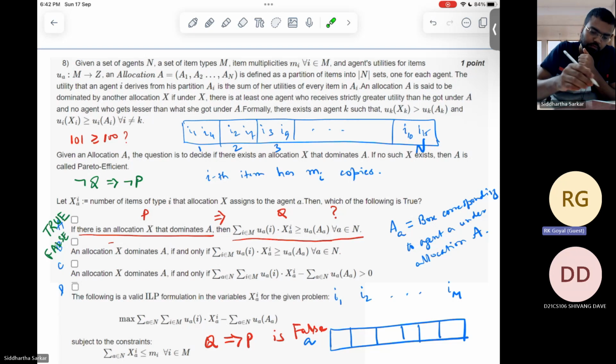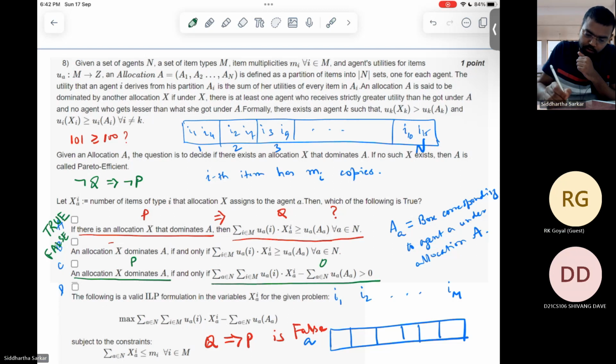Yes, so it is true. So P implies Q is immediate. So I will mark that P implies Q is true.